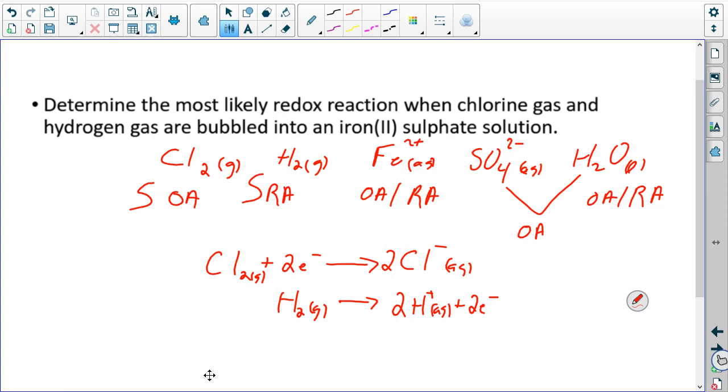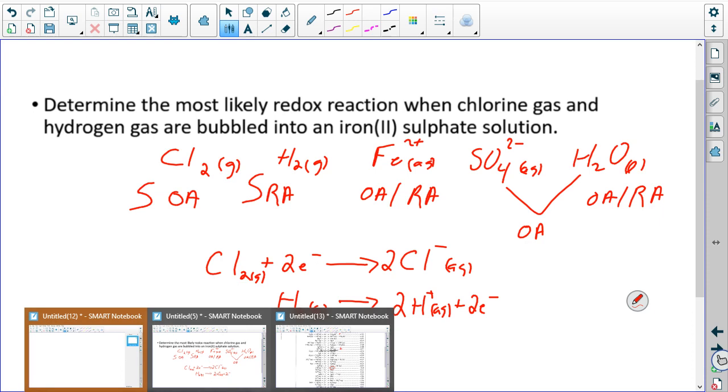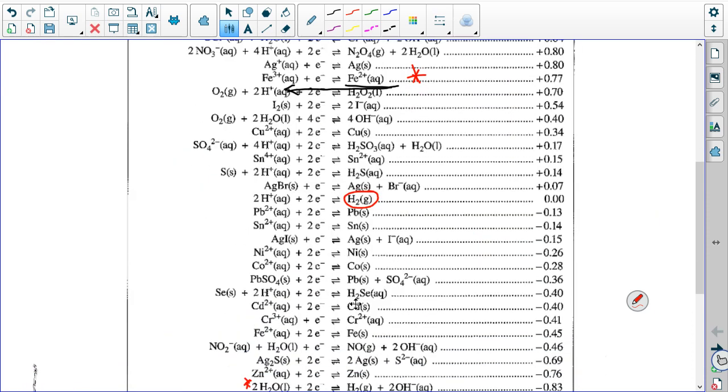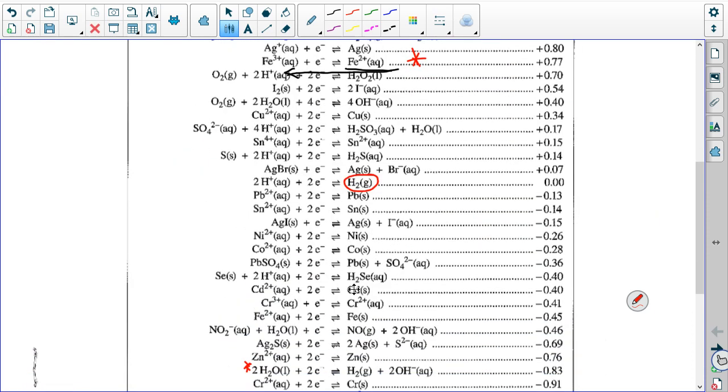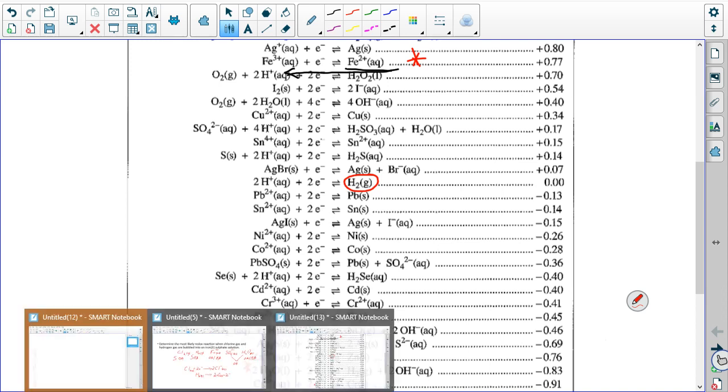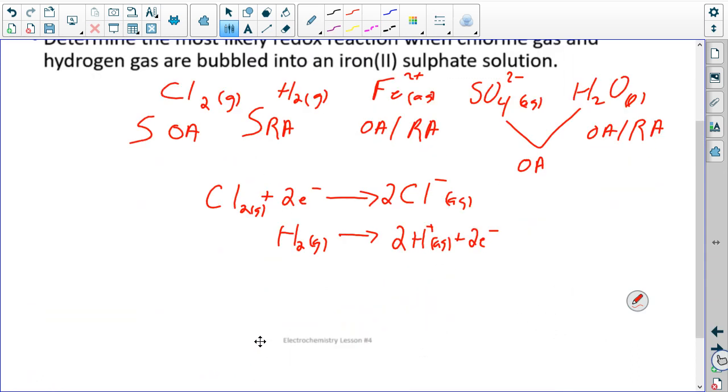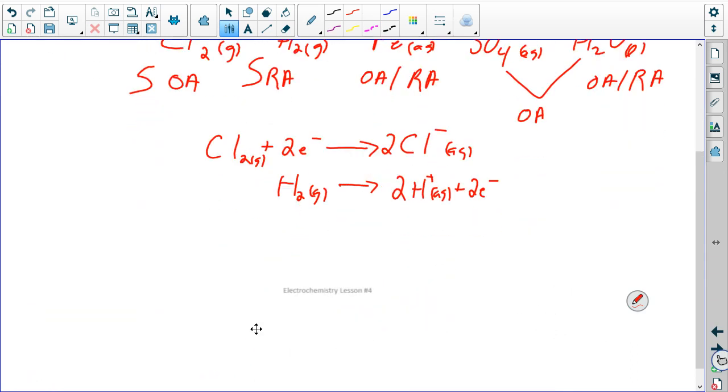So again, I took my reducing agent and I wrote it from right to left because I have hydrogen gas. It's going to give me the hydrogen ions. Do we need to balance any electrons? We have 2 electrons gained, 2 electrons lost.